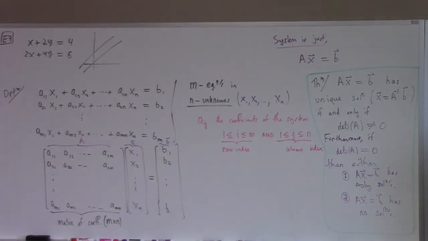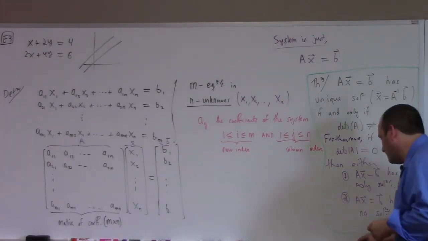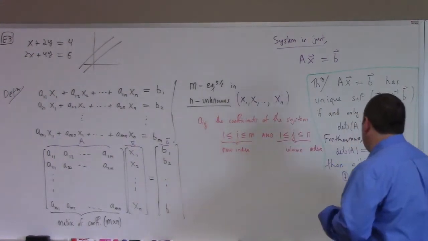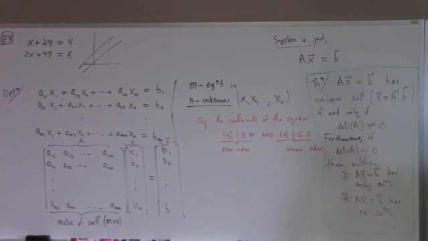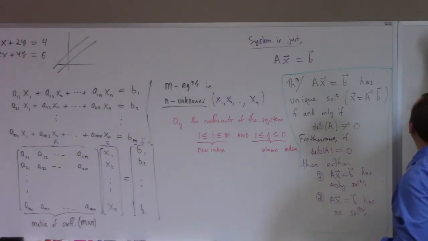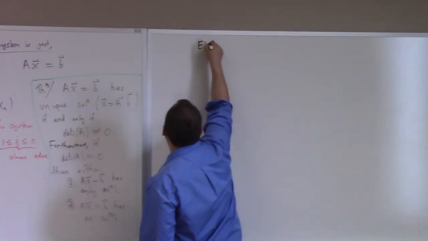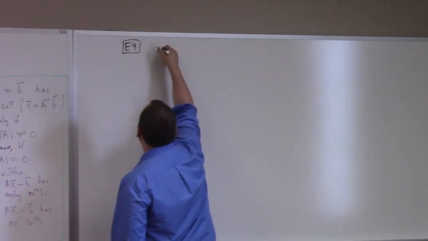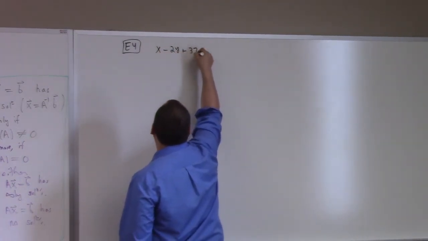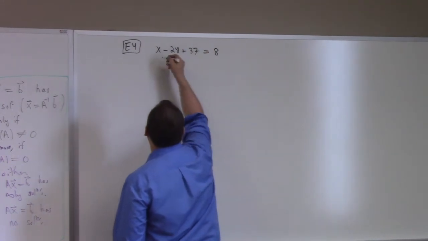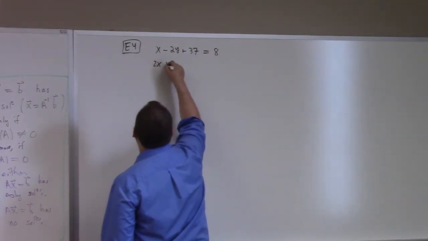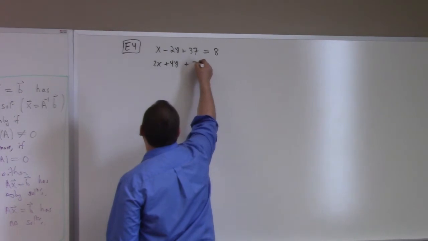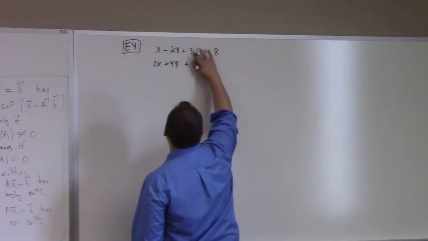How do you find the solutions then? I guess before I do that, let's look at an example, example 4. I'll get back to the big theory in just a second. So we could have something like x minus 2y plus 3z equals 8, 2x plus 4y plus, that was supposed to be a z, it turned into a 7.